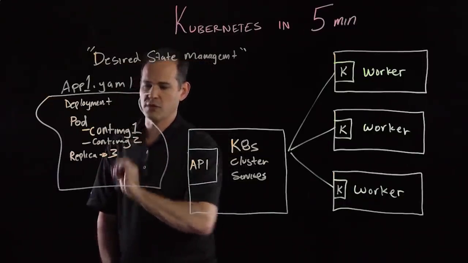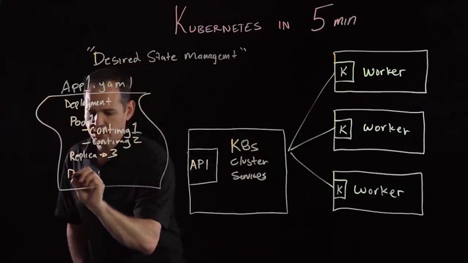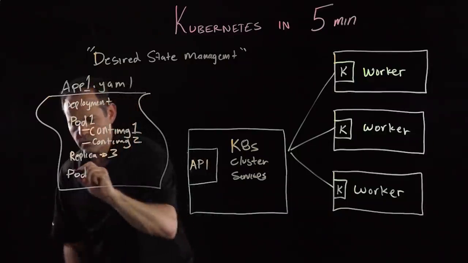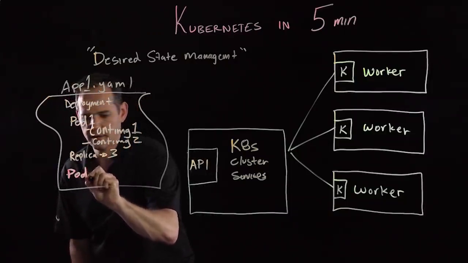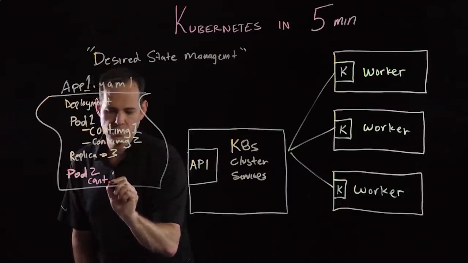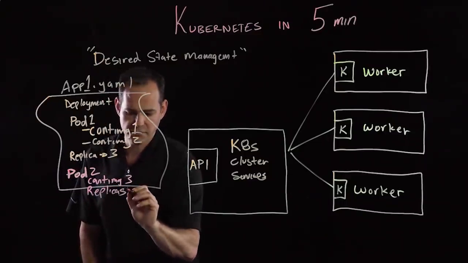Maybe there are 3 for pod number 1. I can also list additional pods. Let me use a different color. Pod number 2 has container image number 3, and replicas in my configuration file equal to 2.